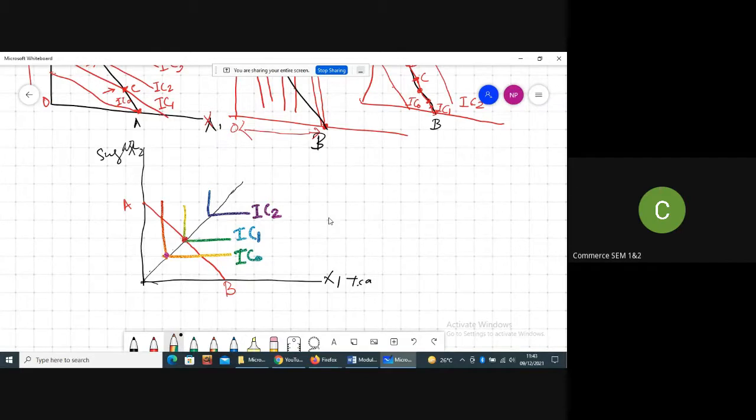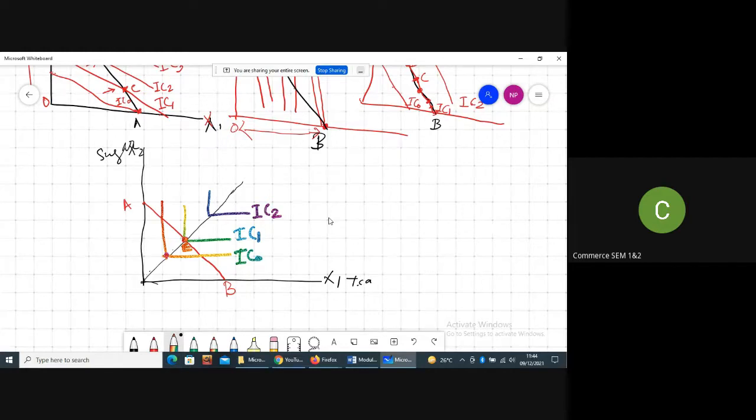For that, you need to understand the previous class. If you were absent in the previous class, you need to check the video on YouTube and then you can understand. So compared to this point, if you move to this point, point E, you can spend your entire income and you can move to IC1.